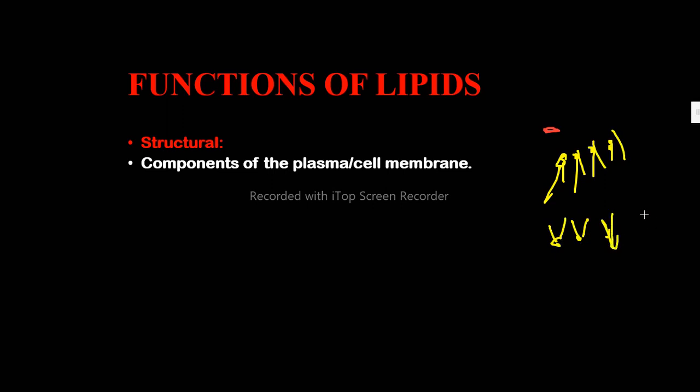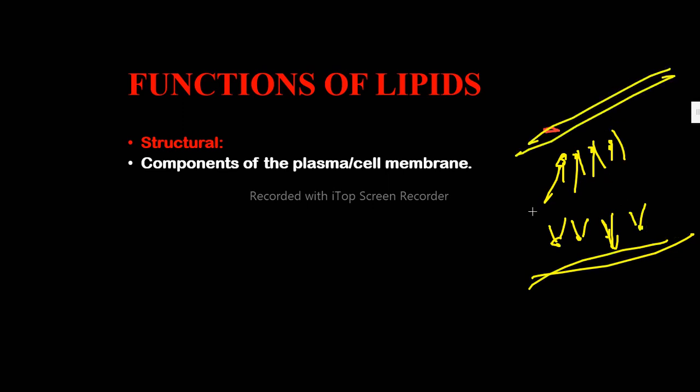Without these lipids, you cannot form the phospholipids, and so you cannot have the membranes. This is an important achievement as far as lipids are concerned, so we shall give lipids a goal.